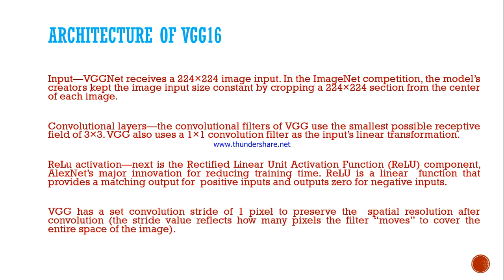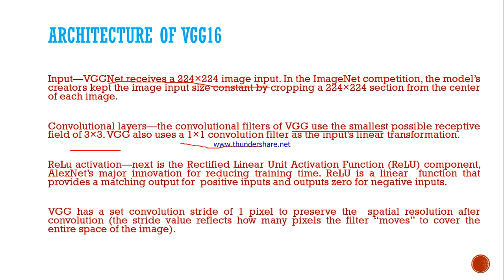So now the architecture. As you know, the input here: generally the net receives a 224 by 224 image input. For convolutions, the VGG method uses the smallest possible receptive filter, 3 by 3, and apart from this it also uses a 1 by 1 convolution filter. Everything will come when I go for implementation.